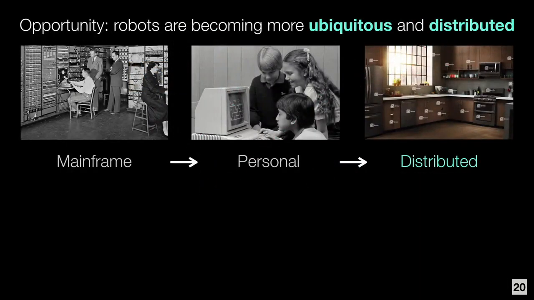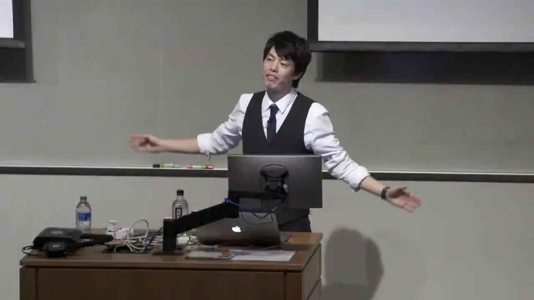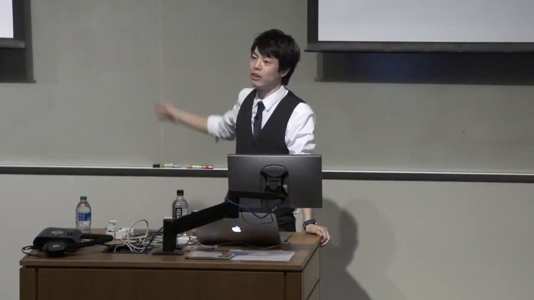I also believe we are standing at a very unique and exciting moment in the history of robotics. In the history of computers, the computer used to be a very gigantic mainframe. But as computation became cheaper, smaller and more powerful, we are now living in an environment where hundreds of computers are distributed in a single room.